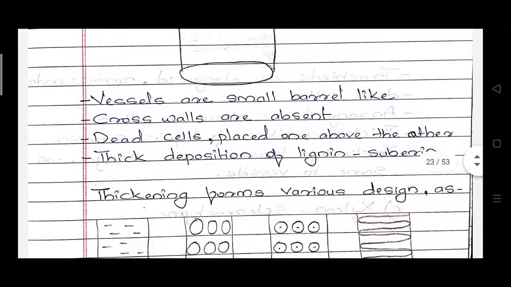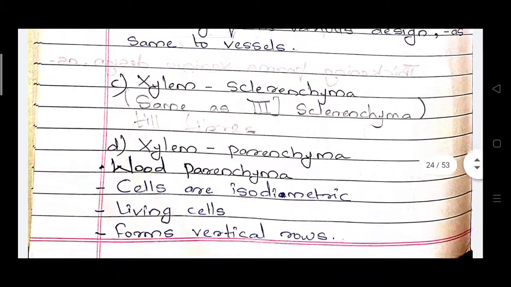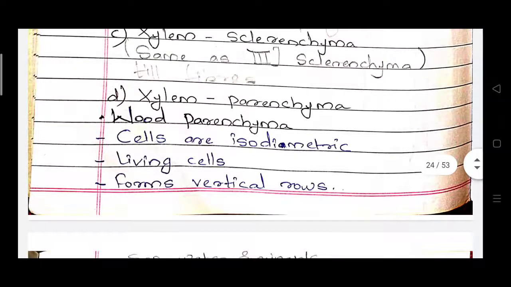Then the last part of the phloem is the phloem parenchyma. For phloem parenchyma, you have to write the same information as for xylem parenchyma. Phloem parenchyma also has two types, wood parenchyma and ray parenchyma.